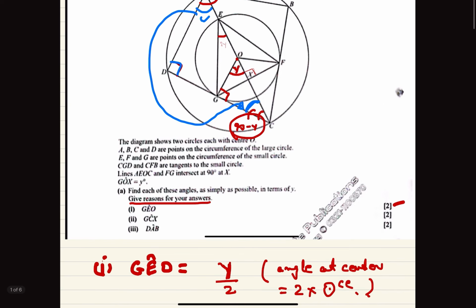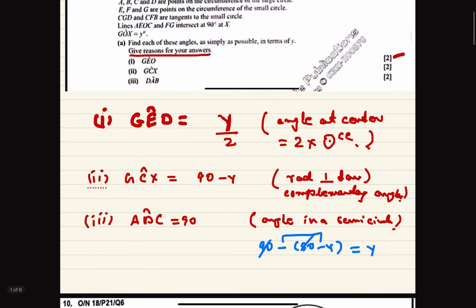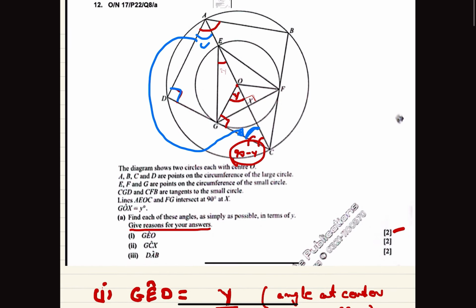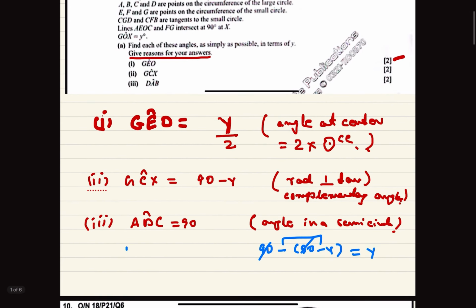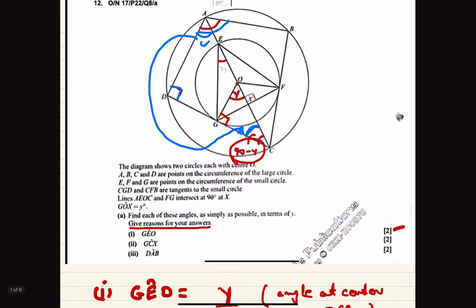So 90 minus y is equal to y actually, because 90 minus 90 cancel, minus minus plus, this is y. So this angle DAC is y, and the angle they are asking is this one.